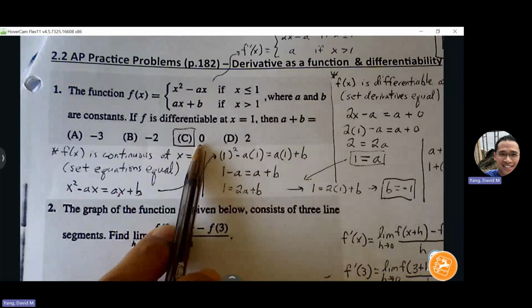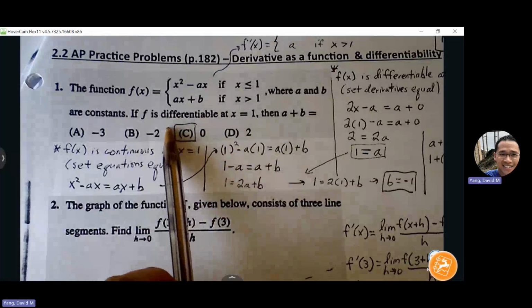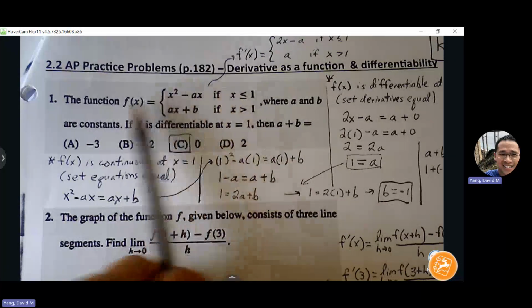Obviously, we're going to see this over the course of the year once we get to AP review, but everybody have this in front of them. This is 2.2 AP practice problems, number one.